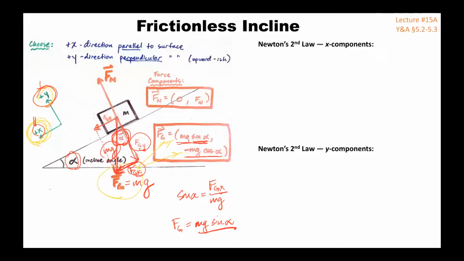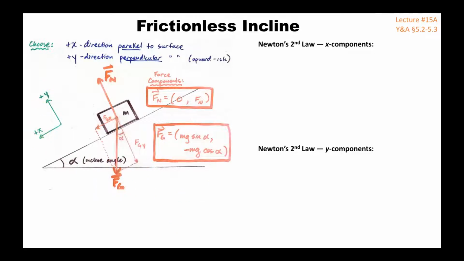So when you're all said and done, you wind up with these as the x and y components for the weight, where x and y, once again, are defined along these two perpendicular and parallel directions. We can see by inspection very quickly that the x and y components of the normal force are just 0 for the x direction and positive full magnitude for the y direction.